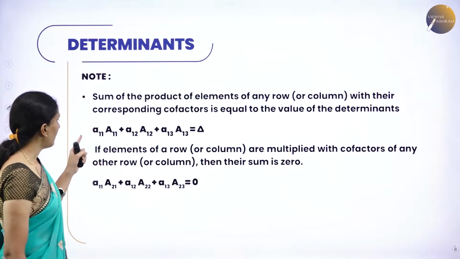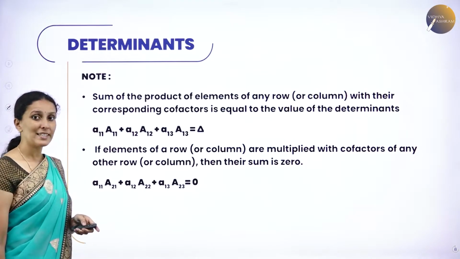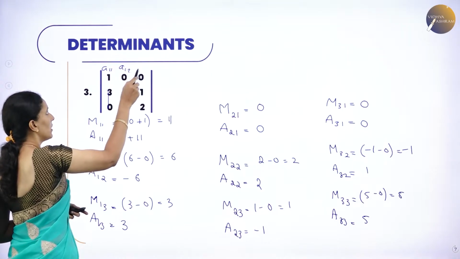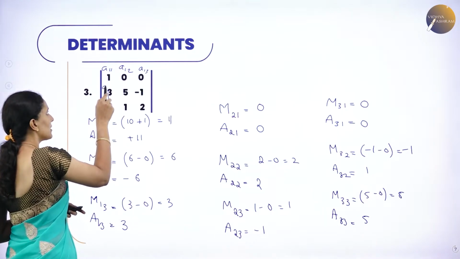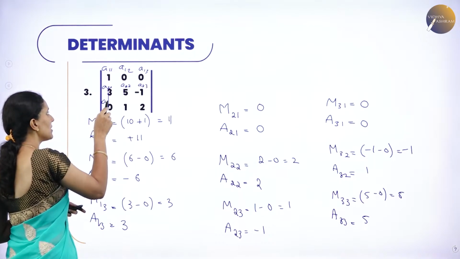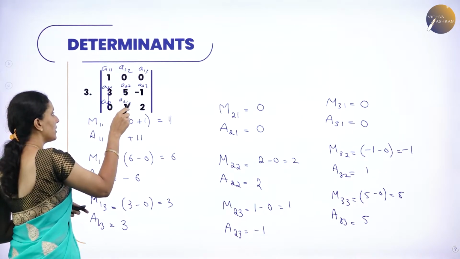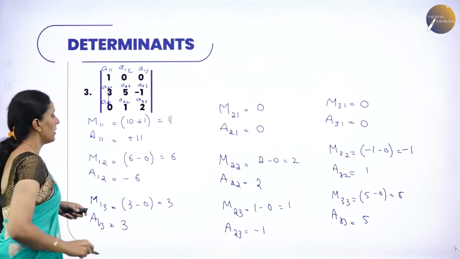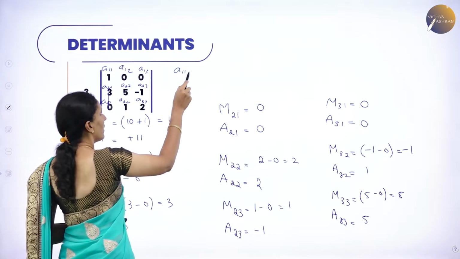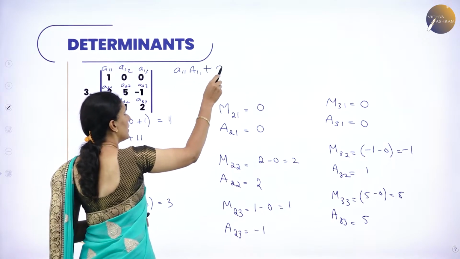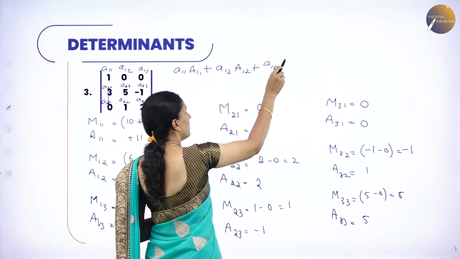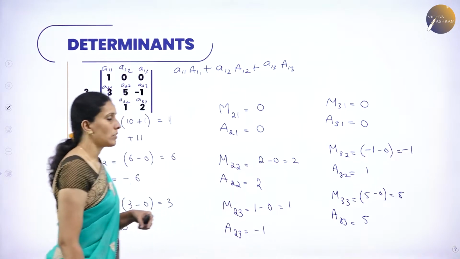So that is when you multiply A11. What is A11? This is A11, A12, A13. Similarly, this is A21, A22, A23. Similarly, this is A31, A32, A33. So when you multiply A11 with A11 and A12 with A12 and A13 with A13, let's see it now.